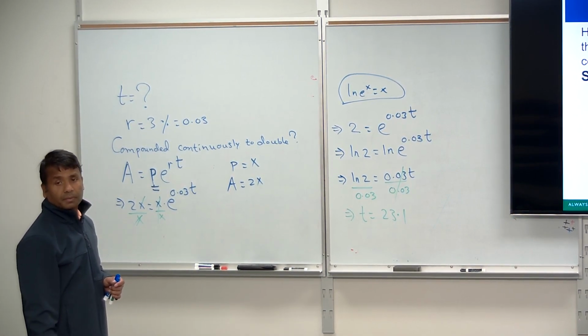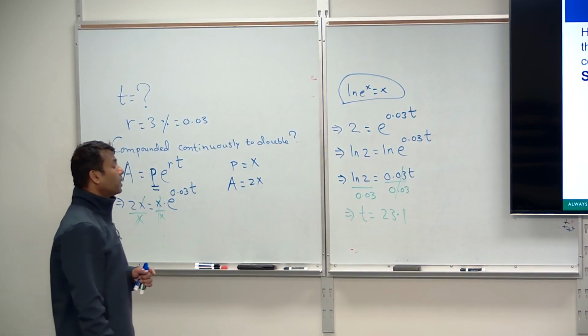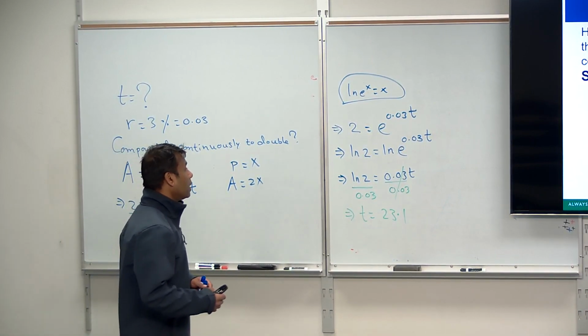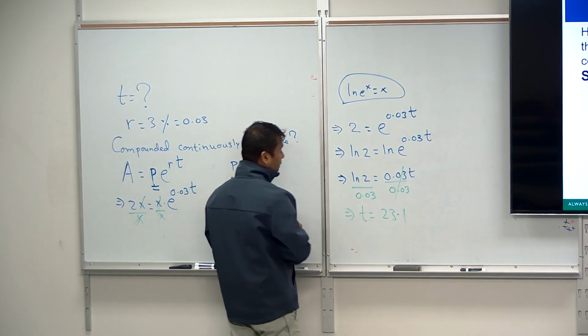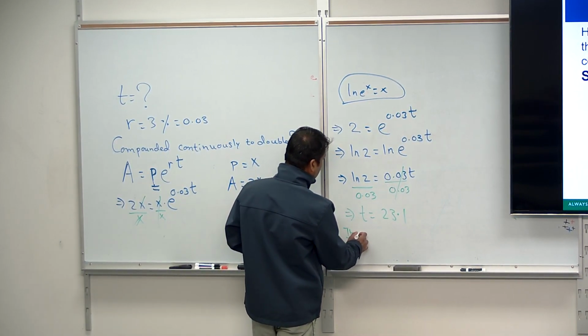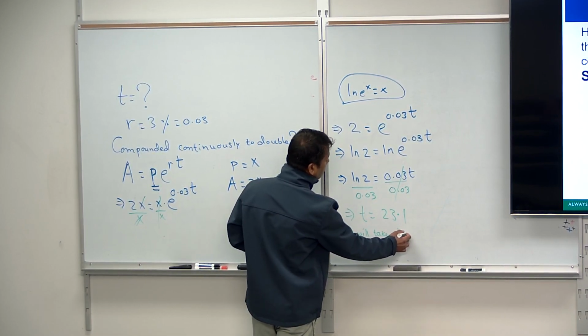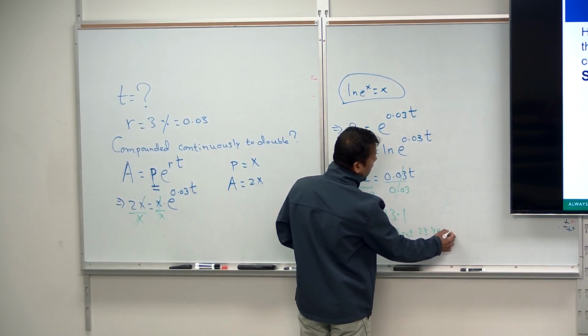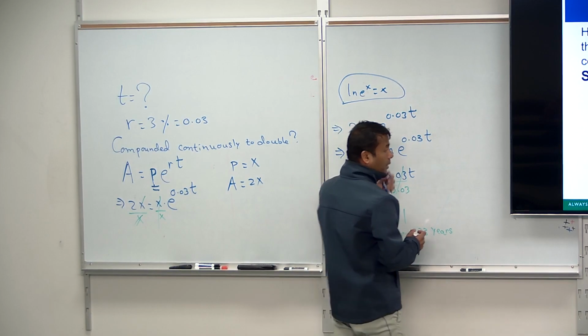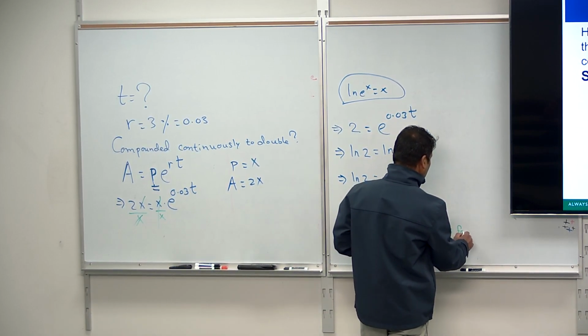Make sense, guys? So it will take about 23 years for the amount to be double. So you can write here, it will take about 23 years for the amount to be double.